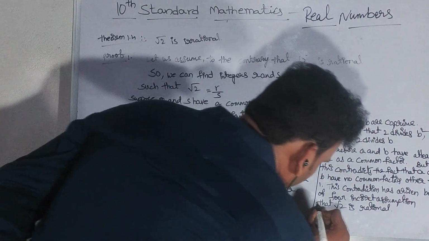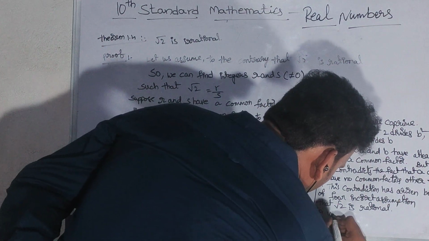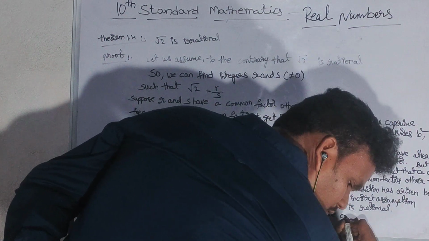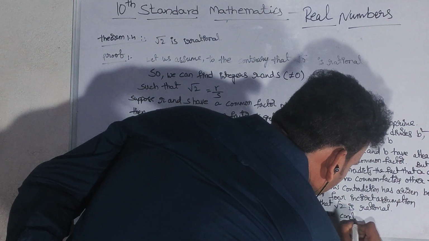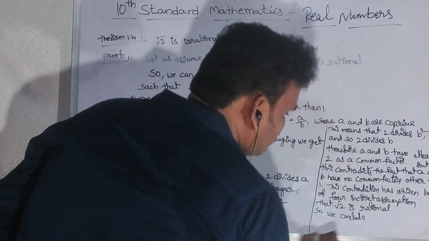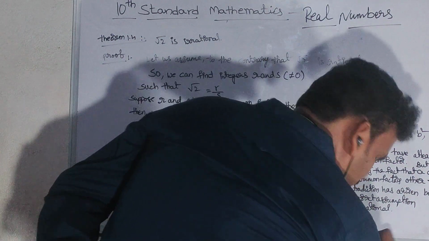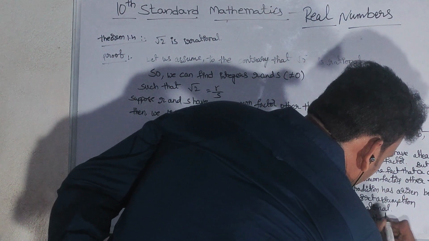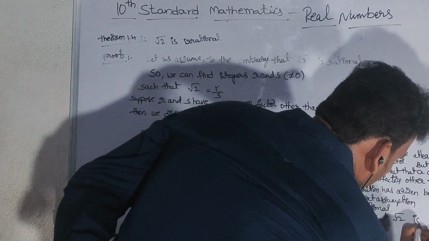So we conclude that square root 2 is irrational.